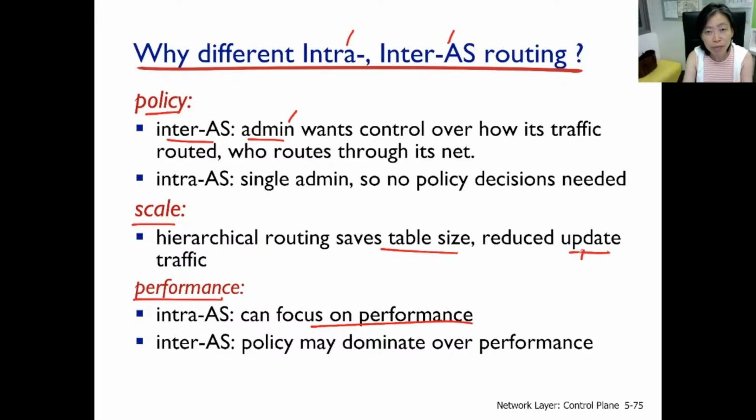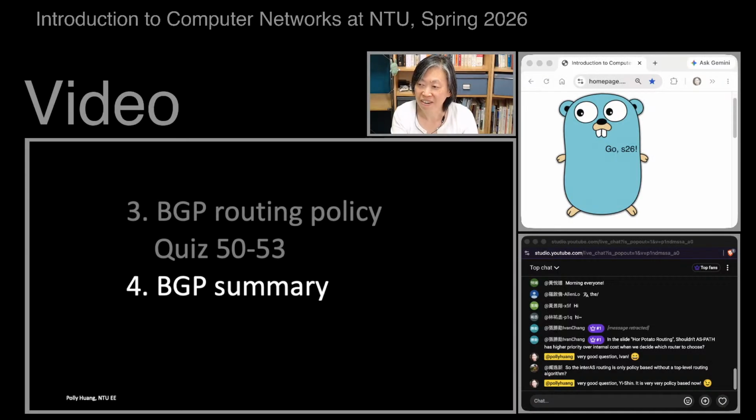And there's the prefix for the destination: the more we can aggregate the prefix, the lower the memory requirement for the path vector. So, separation of internet routing into two levels.